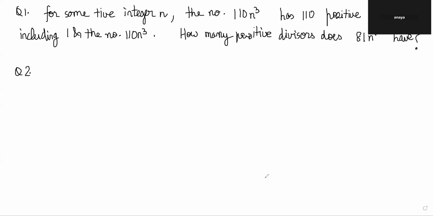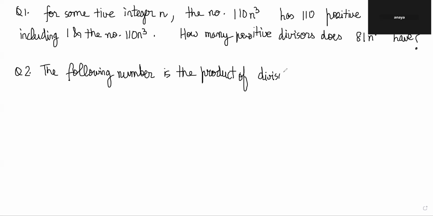Second one is: the product of divisors of n is the following number, 2 power 6 into 3 power 3.